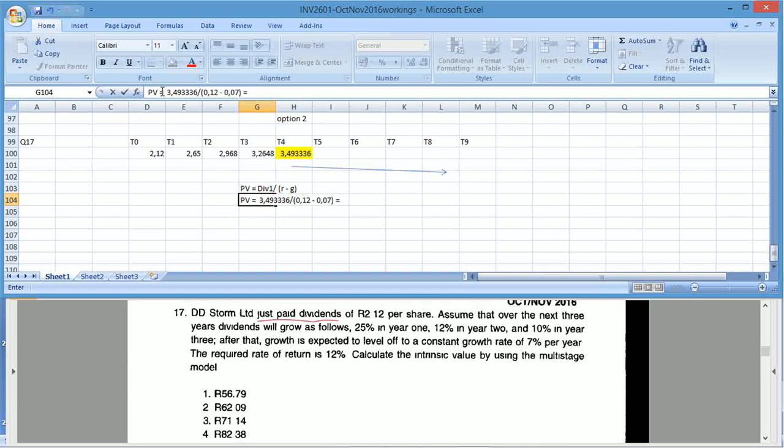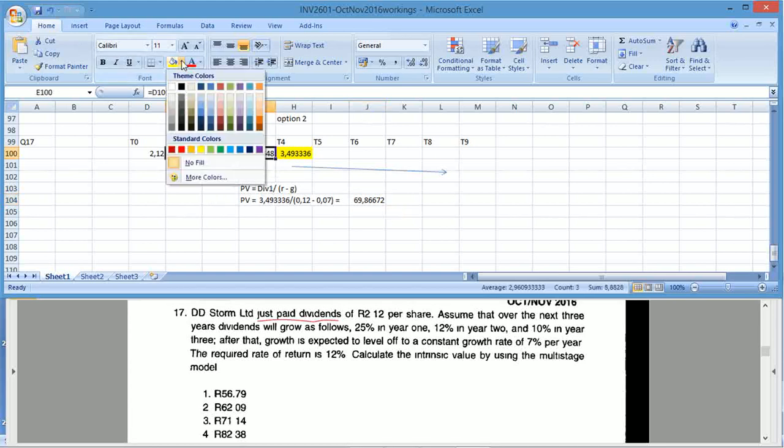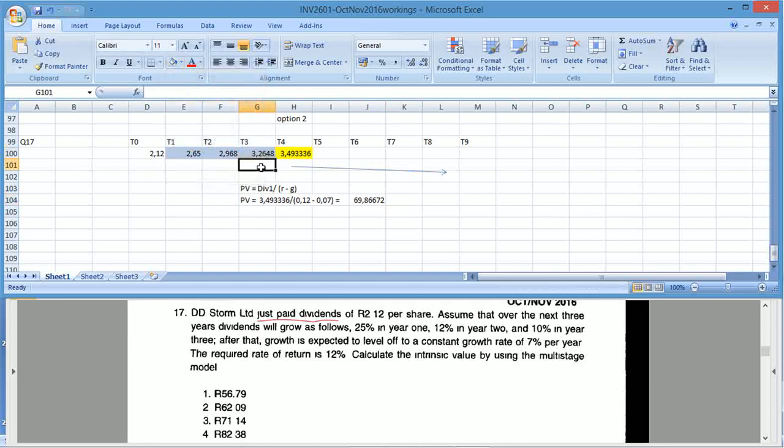Type that into your calculator and you get 69.86. Then I've got future dividends, and I've got this present value which I just worked out, 69.86, that I need to discount back in time using the cash flow on my calculator.